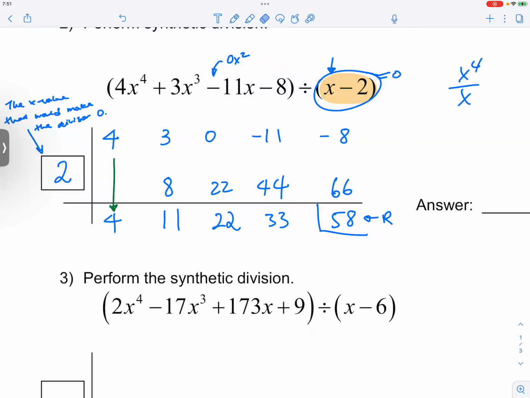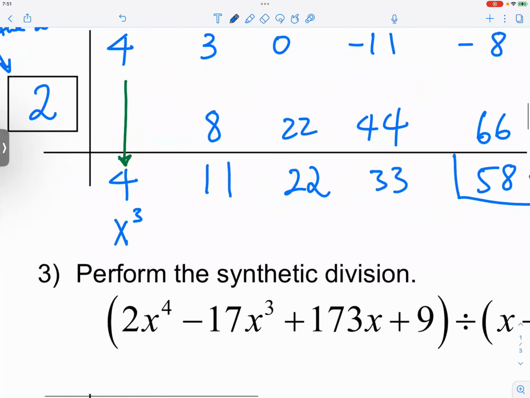Because we're doing x to the fourth power divided by x, the way we will align the numbers would be like this. The 4 will be the coefficient of x cubed. The 11 is the coefficient of x squared. The 22 is the coefficient of x.